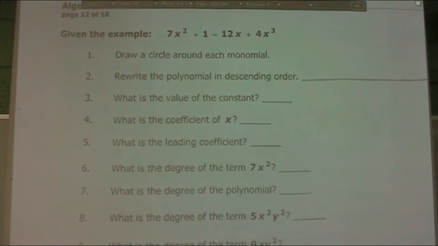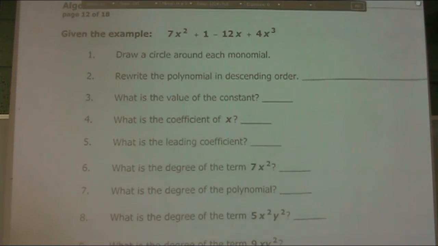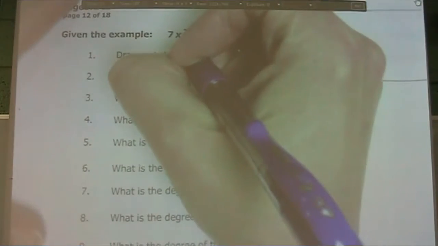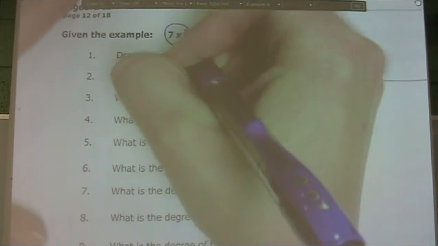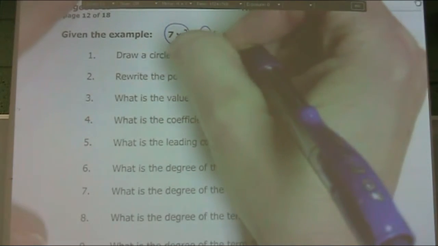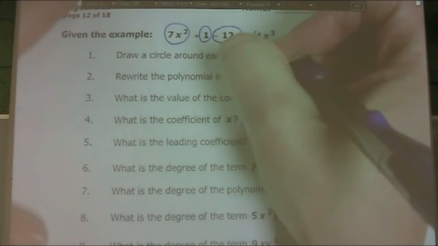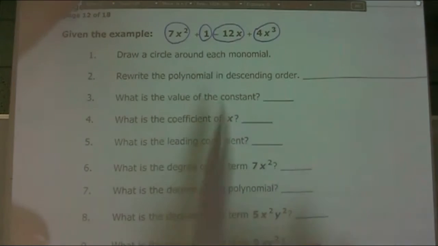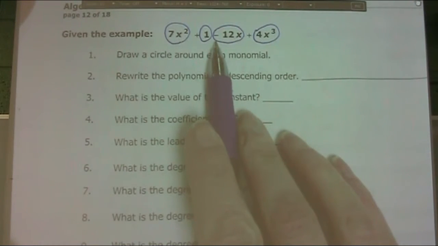All right, we have given the example, we have 7x squared plus 1 minus 12x plus 4x to the third. It says draw a circle around each monomial. So this is a monomial, this is a monomial, this is a monomial, and this is a monomial. Now I circled the minus sign here because the monomial is negative 12x.